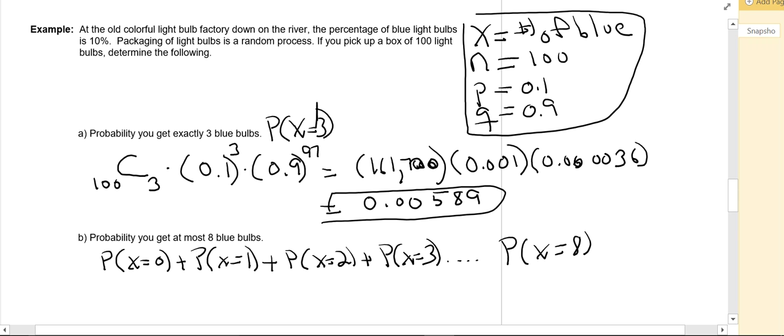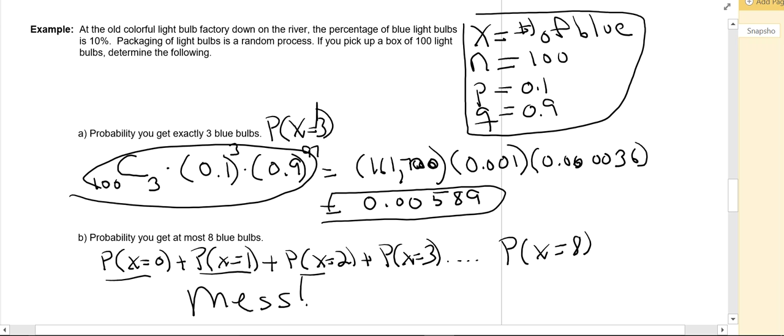Now in this chapter, before normal distribution, you have to keep in mind that there is a way of calculating this, but this is a mess. We have to apply this formula 1, 2, 3, 4, 9 times.